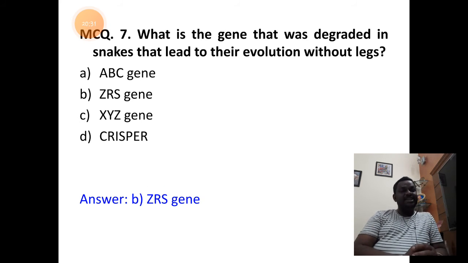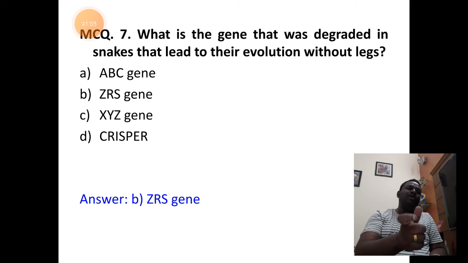What is the gene that was degraded in the snakes that led to their evolution without legs? Scientists have recently discovered that the legs of snakes, which were seen in their ancestors, were lost in the present generation due to the loss or mutation in the gene called the ZRS gene.